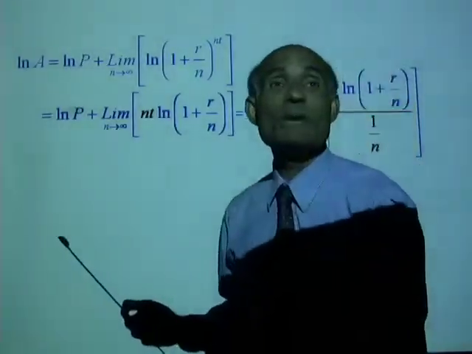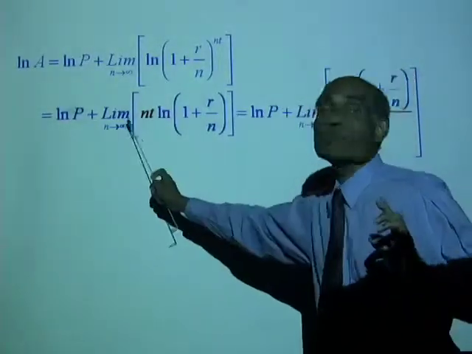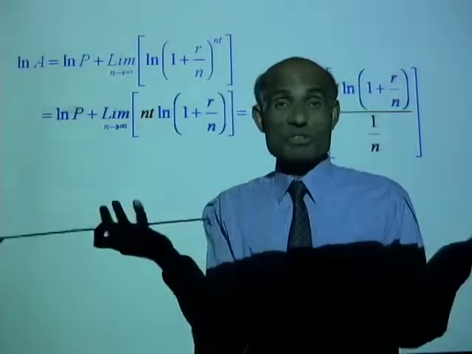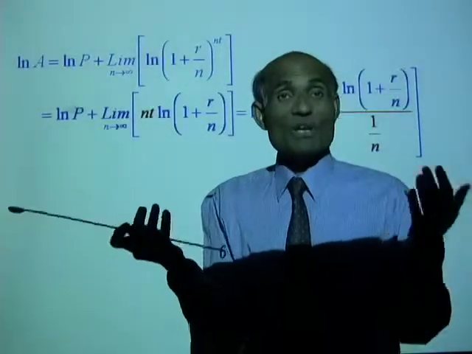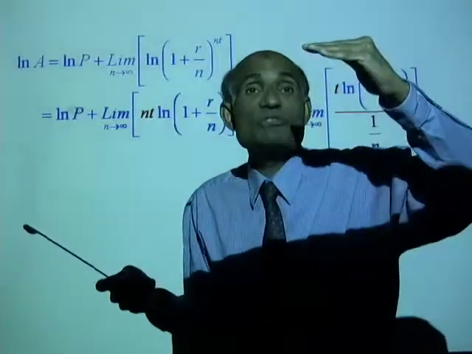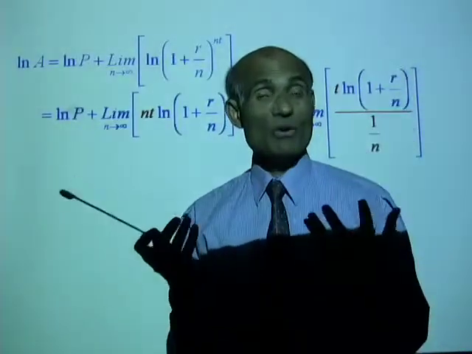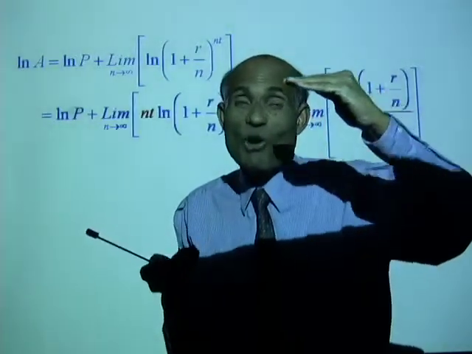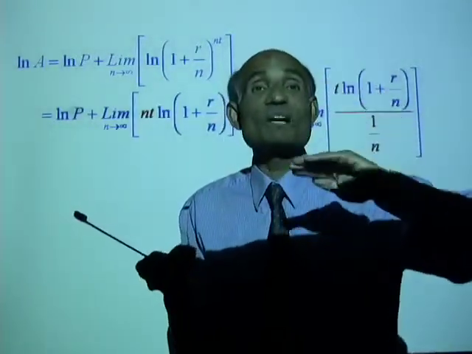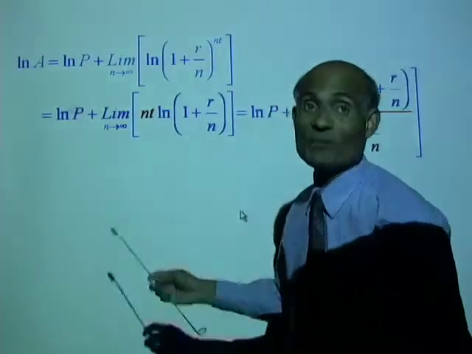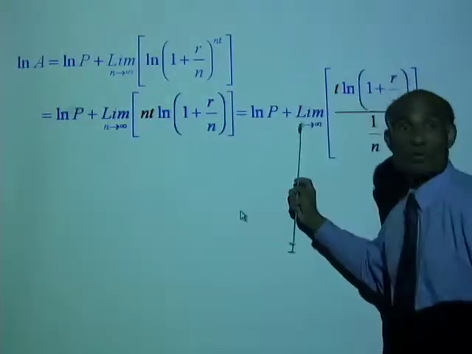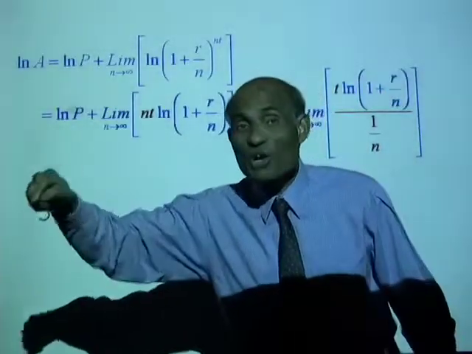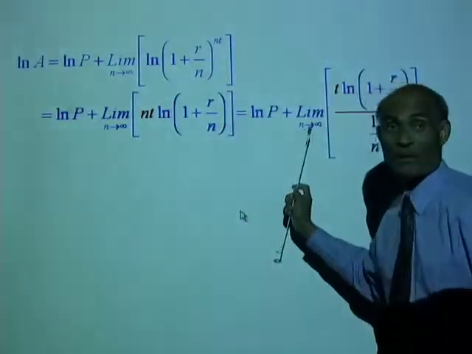In order that we may evaluate this limit as n goes to infinity, since direct substitution doesn't give a meaningful limit, we have to see if L'Hopital's rule can be applied. In order to use L'Hopital's rule, the expression has to be of the form f of x divided by g of x. And if you notice, our variable here is n. We want to find the limit when n goes to infinity. So that's the variable there.